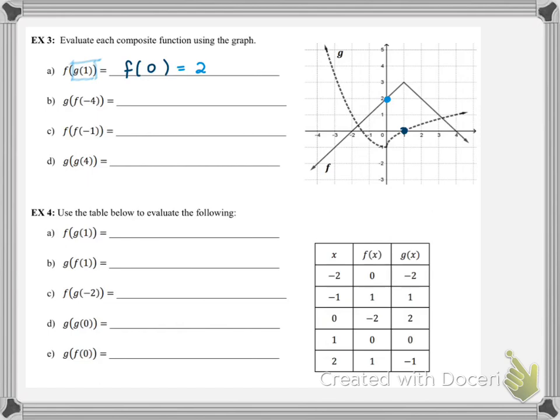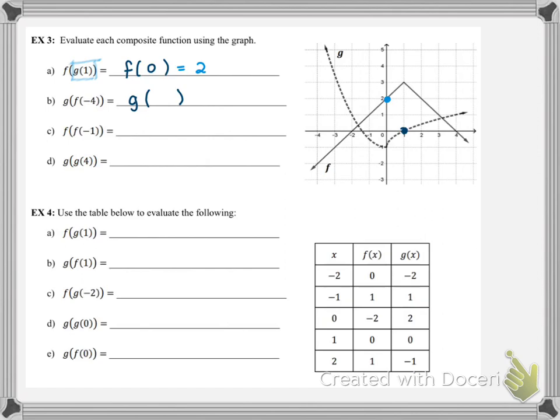So if I want to evaluate g of f of negative 4, we'll do g of, and then figure out what f of negative 4 is. So many letters to repeat.